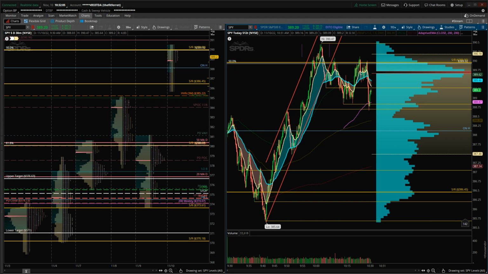Okay, C period did make a lower low than B period. So right now we have a C period high that's lower and a C period low that's lower. But still looking like a slightly balanced shape.